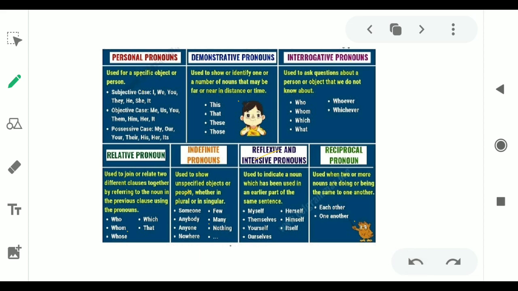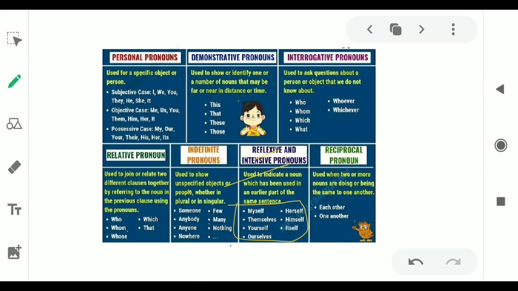Now what is a reflexive pronoun? When the action done by the subject turns back upon the subject, it is known as a reflexive pronoun. Or you can say when the subject and the object of a verb are the same person, it is known as a reflexive pronoun, and these are also known as intensive pronouns.